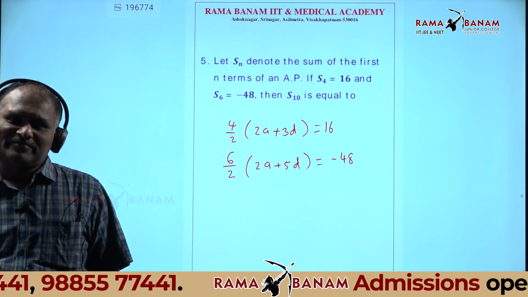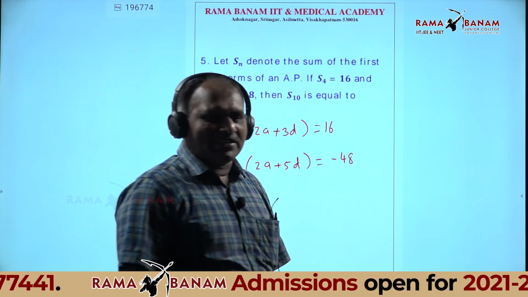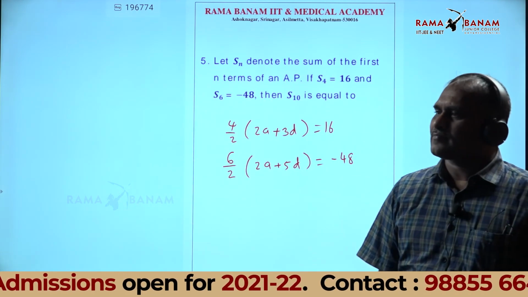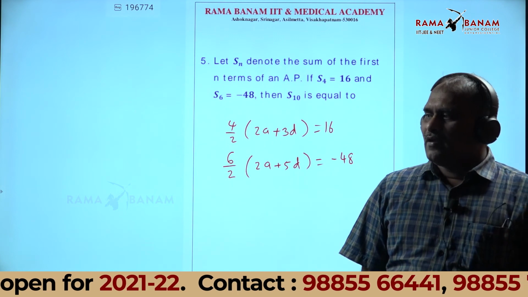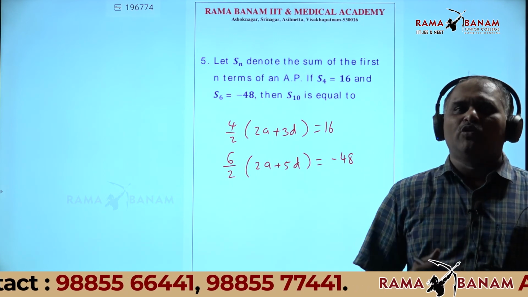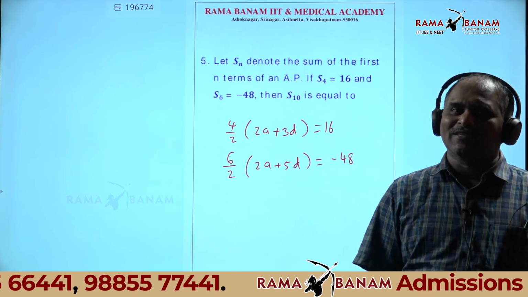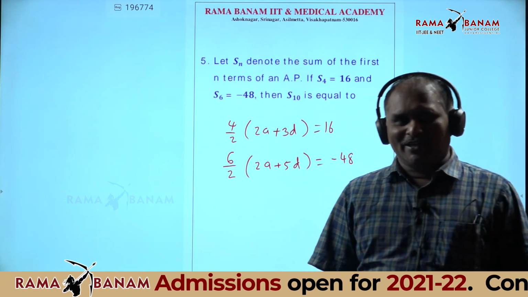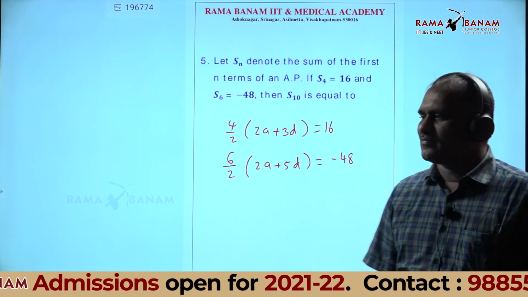Understood? Yes, sir. What is asked is S10. What does S10 mean? Sum of first 10 terms, 10 by 2 into 2a plus 9d. Very good. Understood this one? Yes, sir.